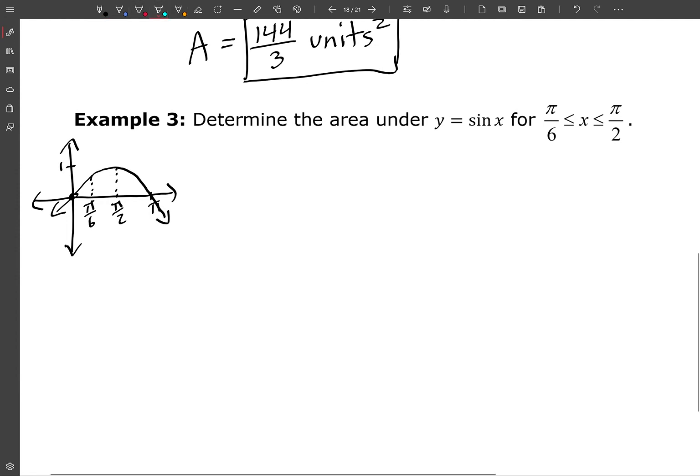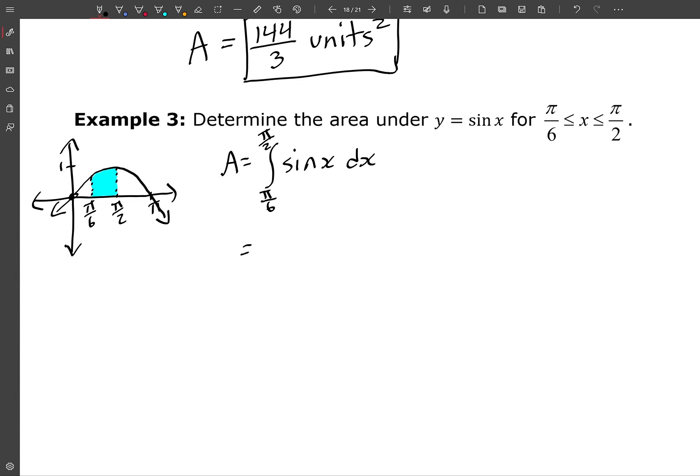So the area I'm looking for is right in here. So what we get is area is equal to the integral from pi over 6 to pi over 2 of sine x dx. Well, this is a nice easy integral.